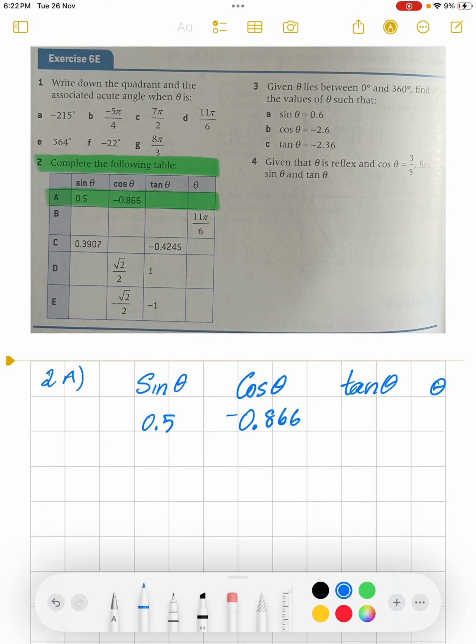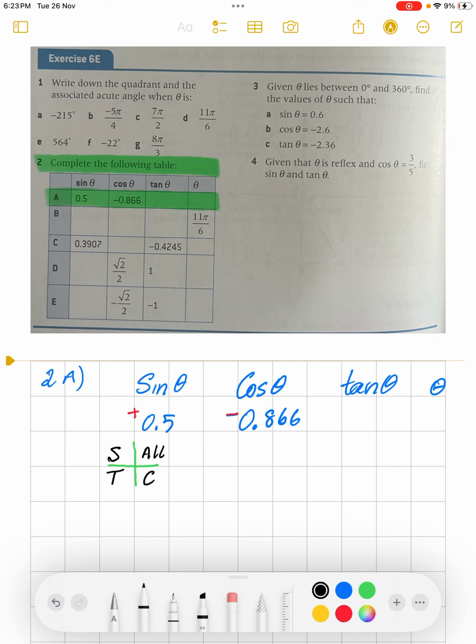Let's have a look at, first of all, notice that sine is positive and cos is negative. It's important that you are aware of the quadrant rules: all of them are positive in quadrant 1, only sine is positive in quadrant 2, only tan is positive in quadrant 3, and only cos is positive in quadrant 4.